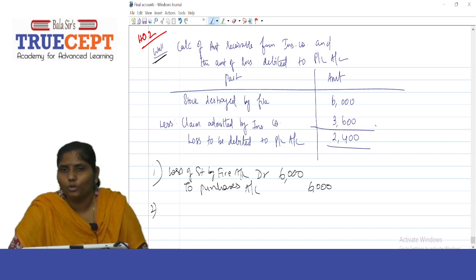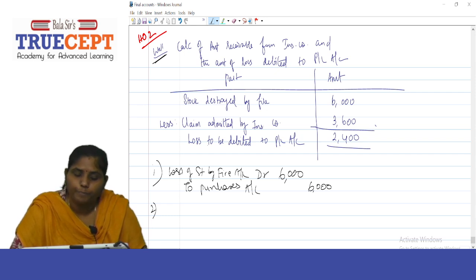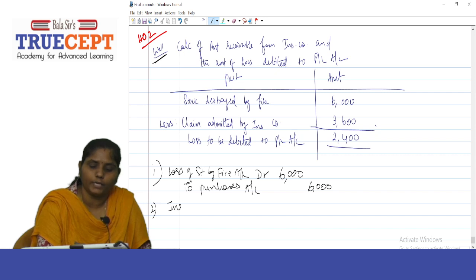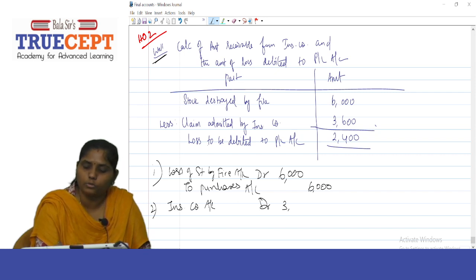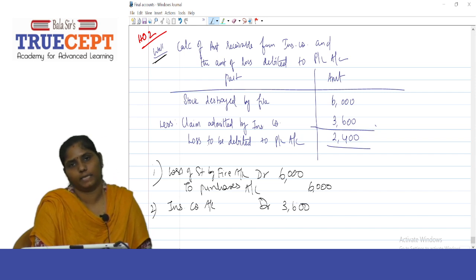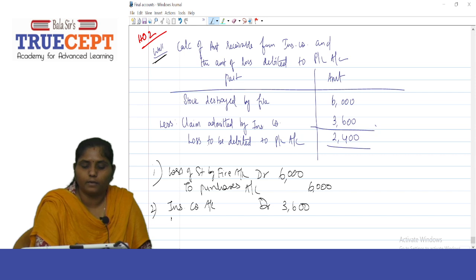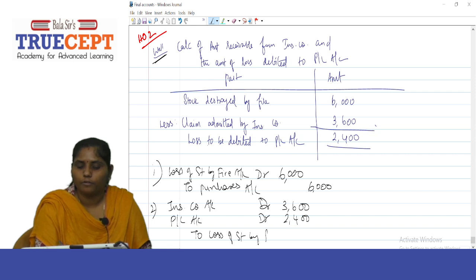But here I know how much the insurance company is going to accept. That is explicitly given. Therefore, I can cut short the entry into 2 entries. Insurance company account debit. I'll write only 3,600 that is going to accept. Then the loss that I'm supposed to charge it to my profit and loss account is 2,400. Then to loss of stock by fire account 6,000.